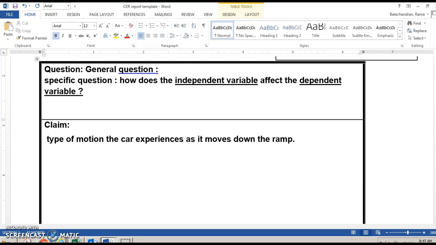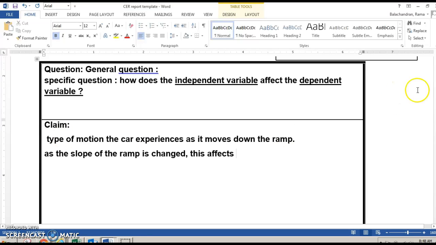A more specific claim would be, as you change the height, you could talk in terms of the height or the slope. So as the slope of the ramp is changed, this affects the time or the average speed, or if you know how to calculate the acceleration, you can even say this affects the acceleration in this way. So your claim can address any one of these dependent variables as you change the independent variable. So in the claim, you're directly answering the specific question.